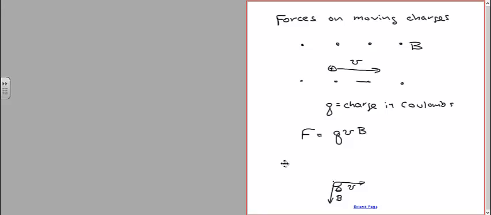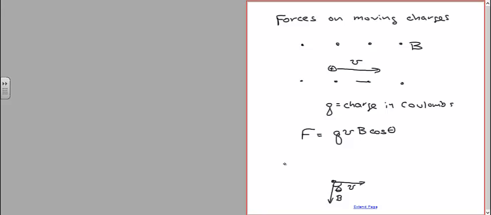You get the maximum effect of this interaction when they're perpendicular to each other, and the force is perpendicular to these two vectors. So it's going to be up or down.